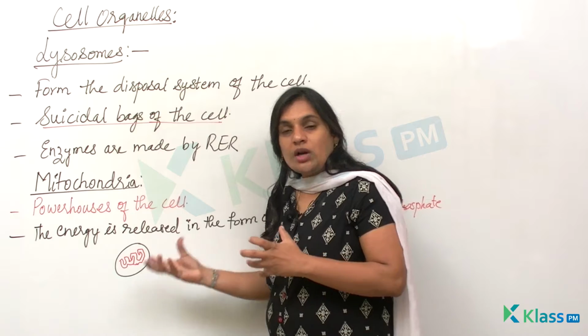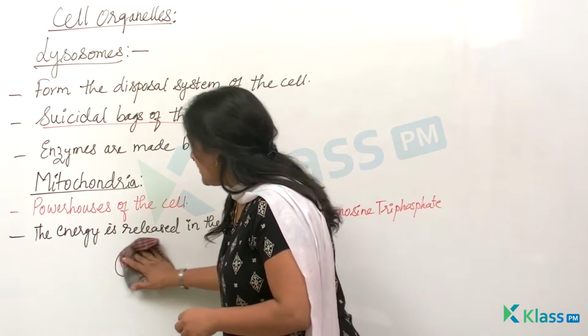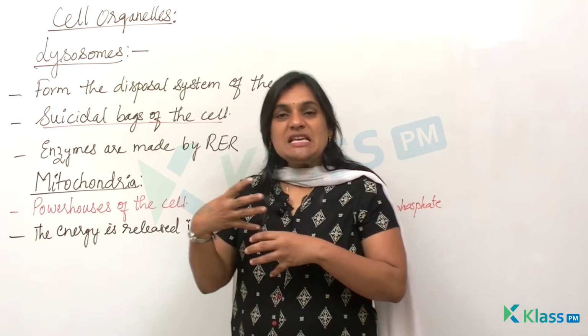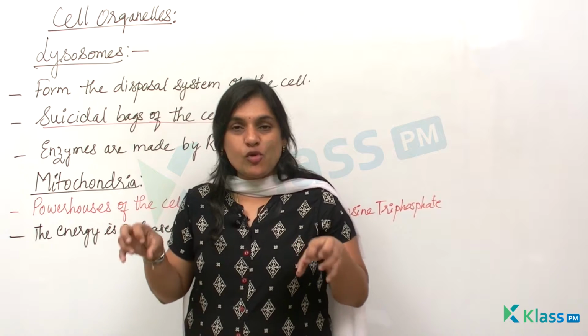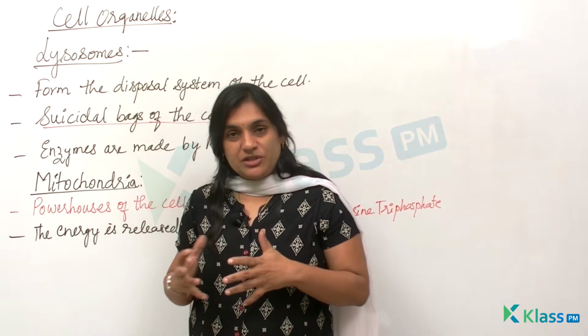So this is the structure of mitochondria: when you observe it under a microscope, you see an outer membrane which is a normal membrane, whereas the inner membrane is thrown into several folds which provide a larger surface area for ATP generation reactions.